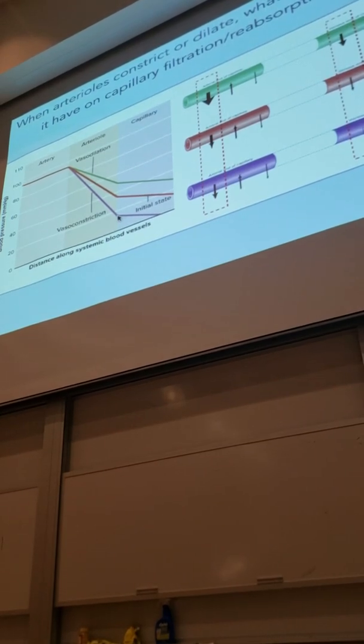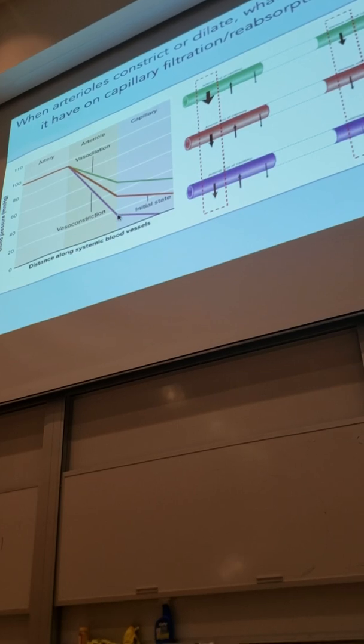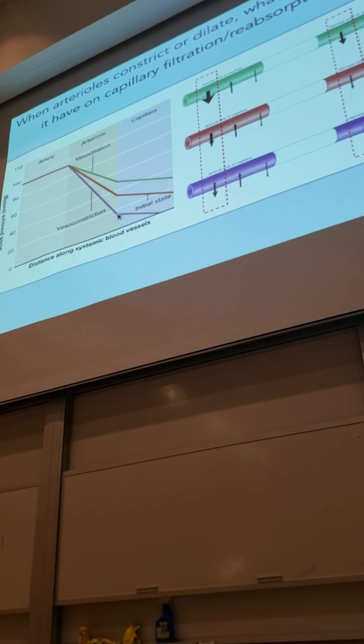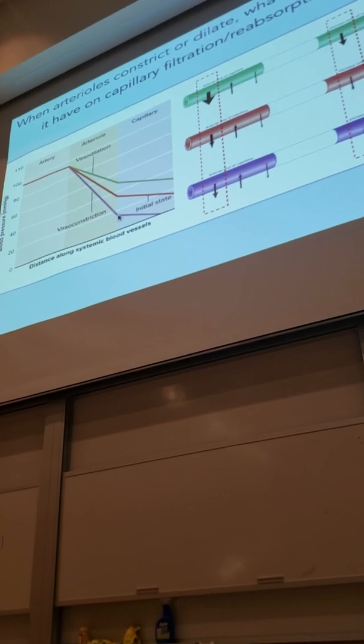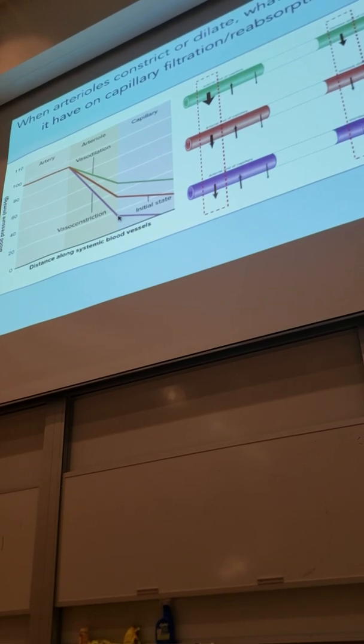So at the beginning of the capillary, we're going to get more filtration than we did before. What about reabsorption at the end? We'll have less reabsorption, again because that hydrostatic pressure of the capillary blood is working against reabsorption. Reabsorption's the process of pulling that fluid back, which depends on a low hydrostatic pressure.